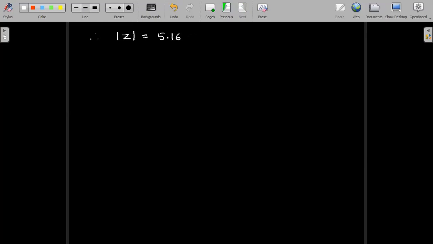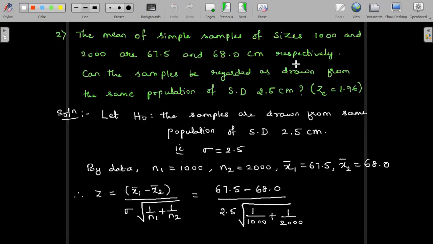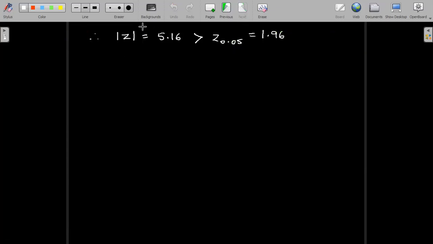And we are told to compare with Z 0.05, that is at 5% level of significance, which is 1.96. It was mentioned in the question, the critical value of Z is 1.96. So we are supposed to compare with 1.96, and we observe that this calculated value of Z is greater than the table value of Z. And hence we reject the hypothesis.